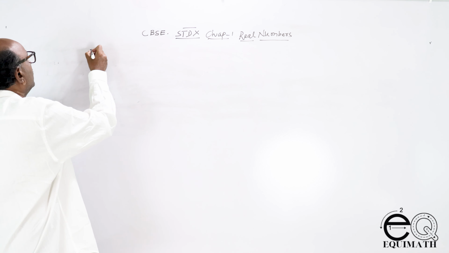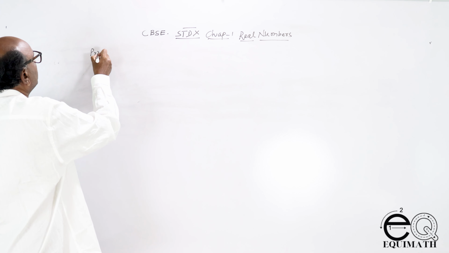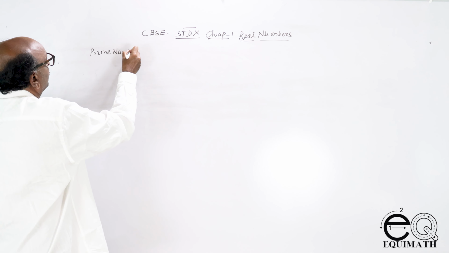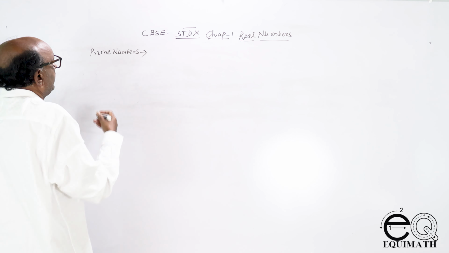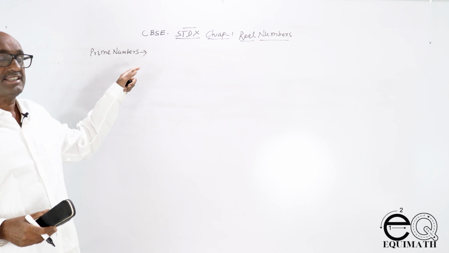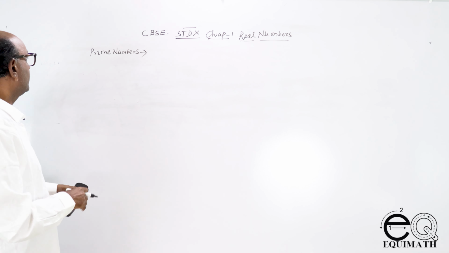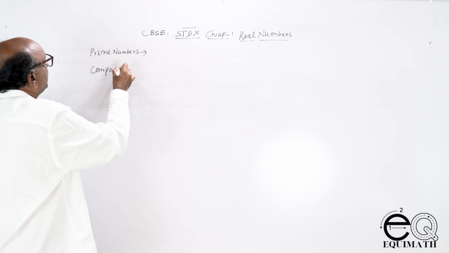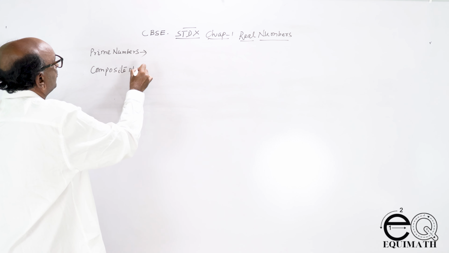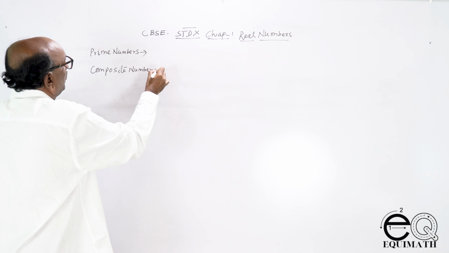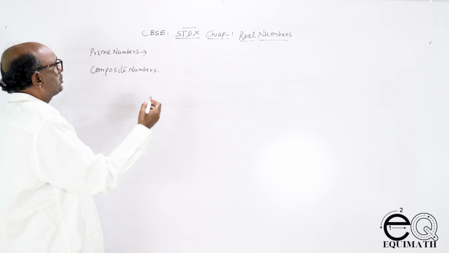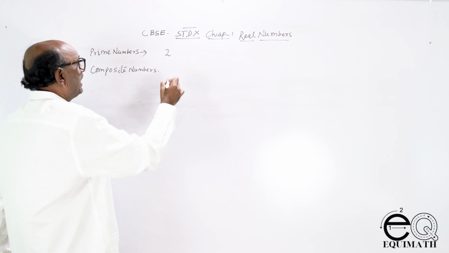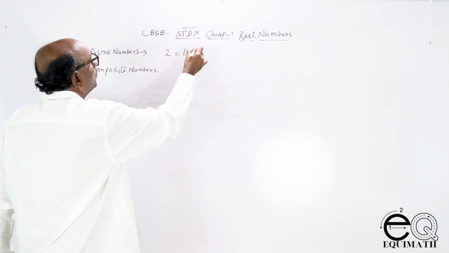What are prime numbers? Prime numbers. Already it is taught in previous classes. What are prime numbers and what are composite numbers? Composite numbers. Suppose you see, suppose 2, I can write it 1 into 2.